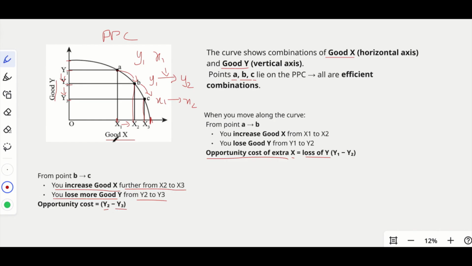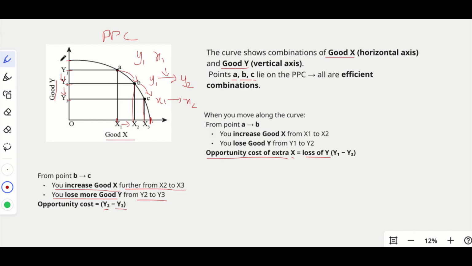You can take any goods here: capital goods, public goods, private goods, merit goods, demerit goods. Any of those, but the resources should be the same. Opportunity cost applies to all concepts. You can take any example, like studying or playing, saving or spending.